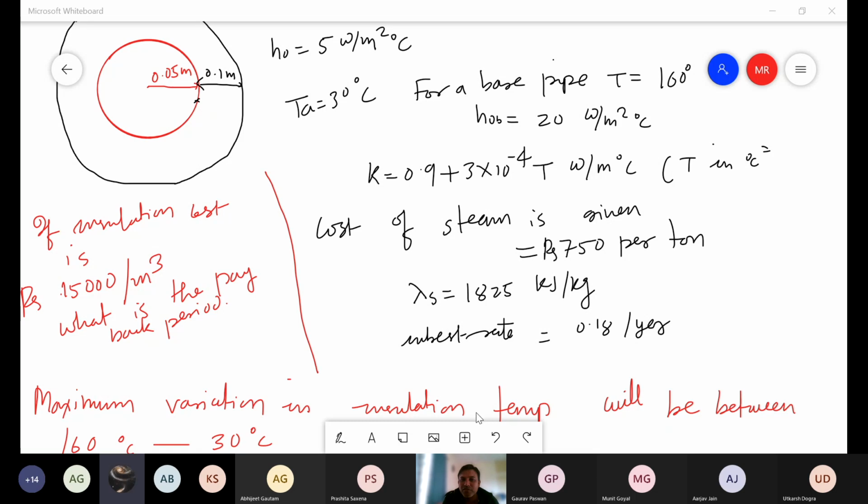Sir, in the expression below, there would be an ln also, right? Where? ln R naught by Ri, the expression below in which you wrote the U naught. So that I have written. No, I have not written.